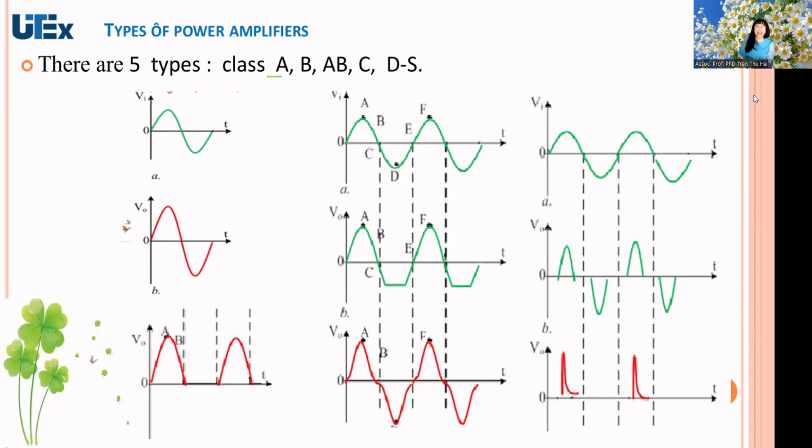We call it class A, class B, AB, C, and D. We have different kinds, different classes. What is the meaning of class? Amplifier, this is normal. For example, we call it one circuit.